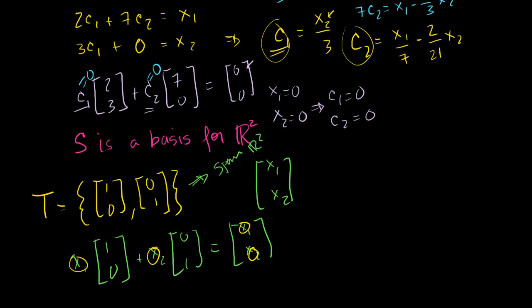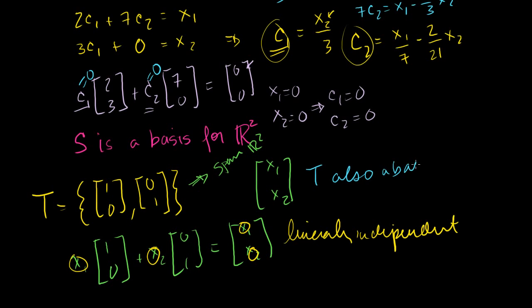So it's also linearly independent. And the whole reason why I showed you this is because I wanted to show you that this set T spans R2. It's also linearly independent. So T is also a basis for R2.